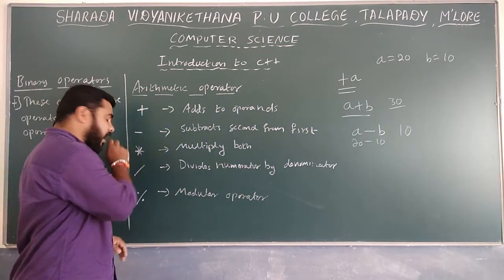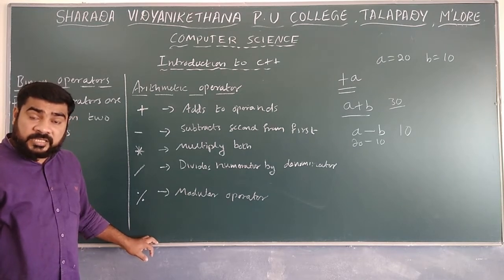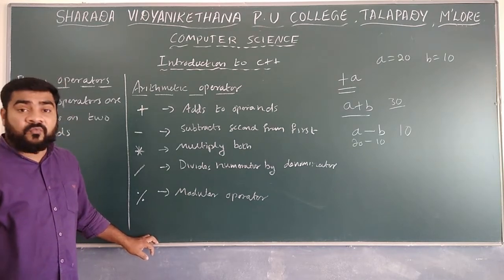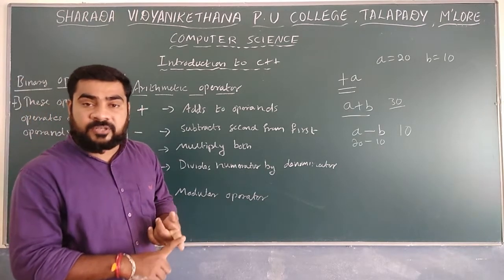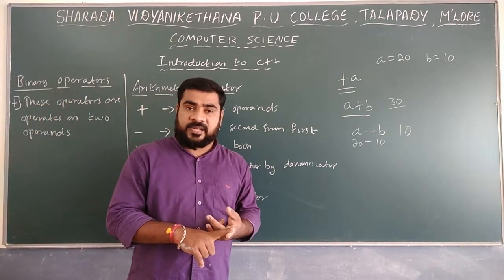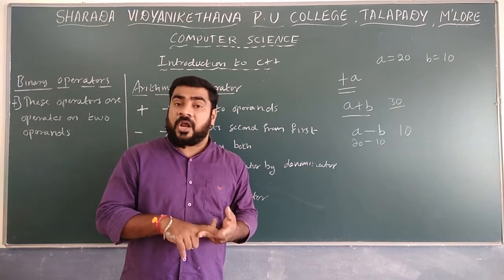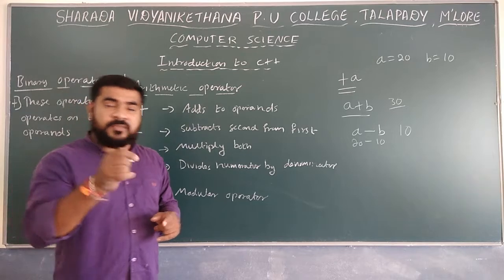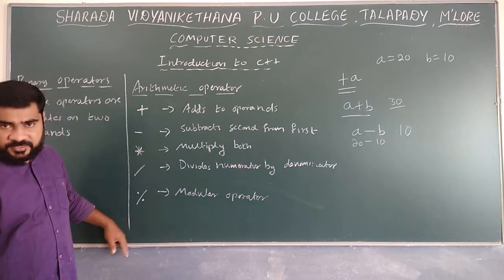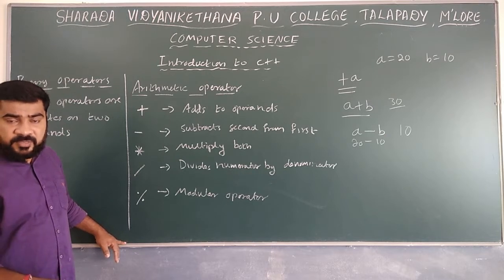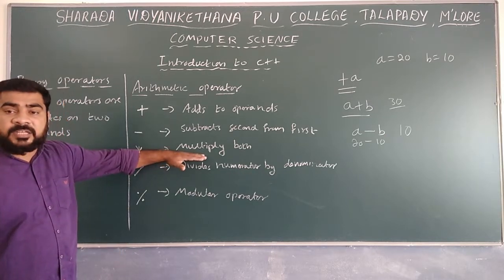The next one is star. Already we discussed that star is also a unary operator. Whenever it is present along with only one operand, it is known as the pointer data type, that is, pointers. But whenever the star symbol is used along with two operands, it is the multiplication operator.